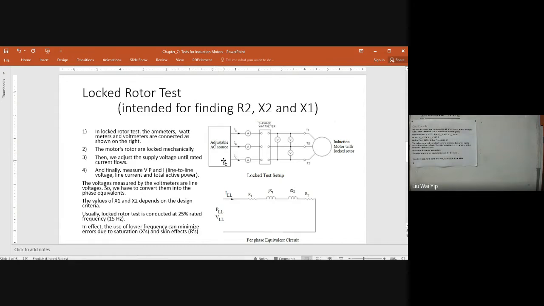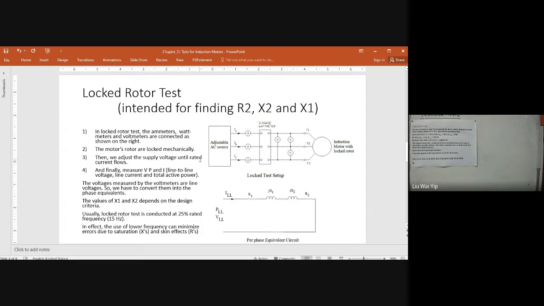You cannot use the rated frequency because it is too fast to be manually manageable. So we lower the frequency to a value that we can handle.